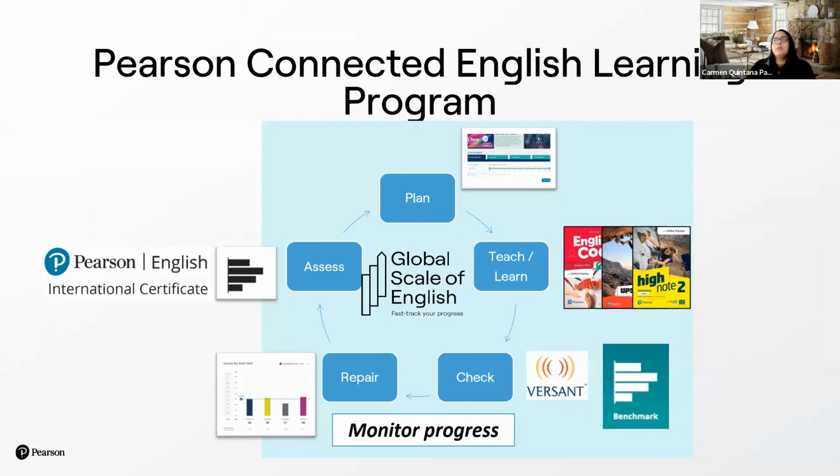This is all part of a broader Pearson Connected English Learning Program, where the idea is for us to provide you with tools to help you plan your instruction in the form of the GSE Teacher Toolkit, which we've discussed earlier. But we also provide you with tools to teach and learn. So our courseware is designed to support you in every stage.